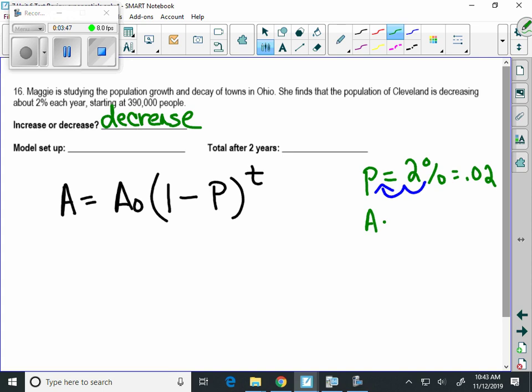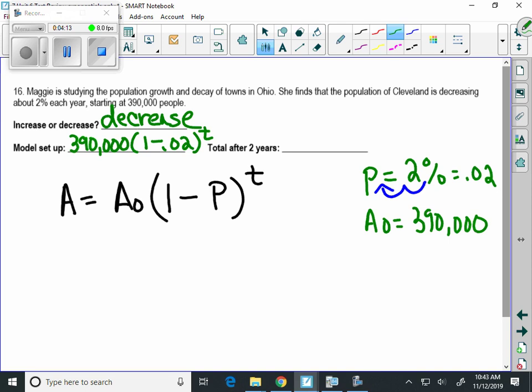Our original amount, well, the first time they counted, there were 390,000 people in Cleveland. So when we set this up, it's going to be the 390,000 times 1 minus 0.02 to the t.